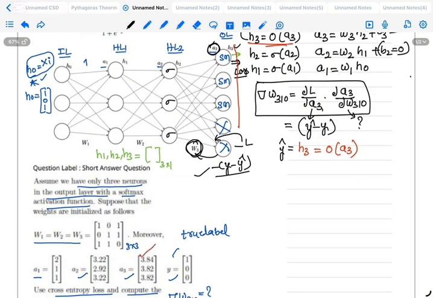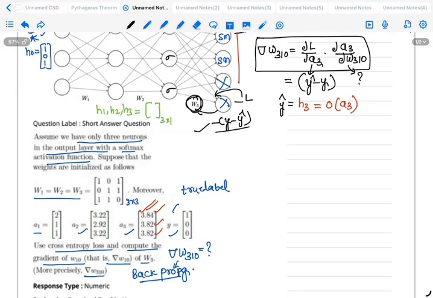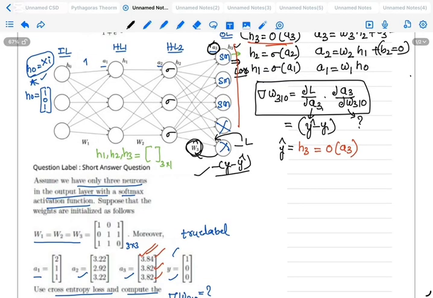We know A3 is given in the question and all these values are approximately the same: 3.84, 3.82, 3.82. So y hat equals softmax of A3 equals 3.84, 3.82, 3.82.